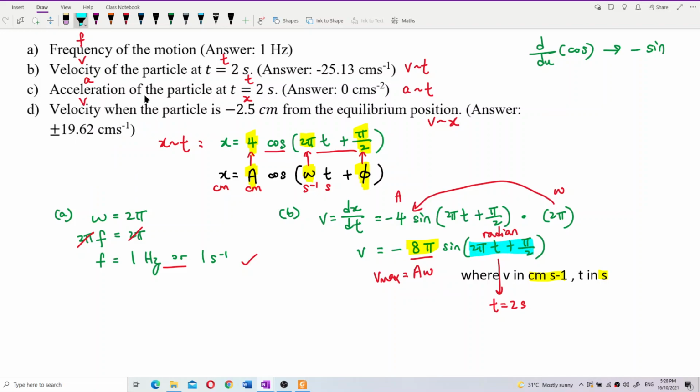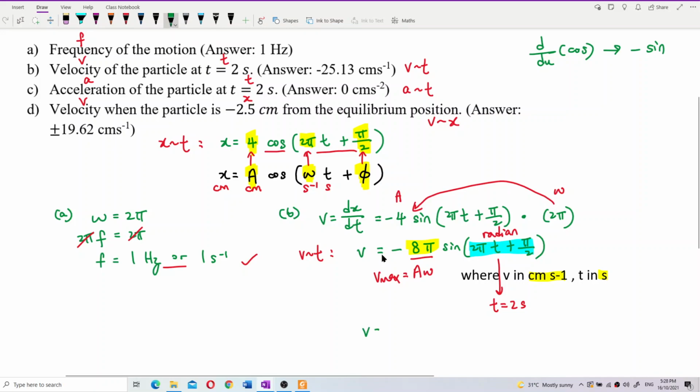Understand or not? All this in radian, not degree. This is the velocity versus time equation, so I can substitute the time with 2 seconds, then I can find the velocity.